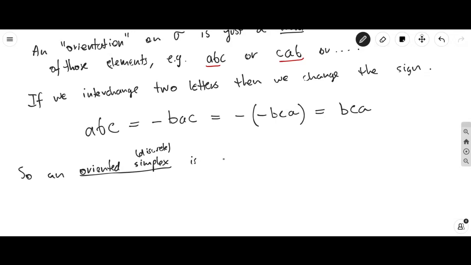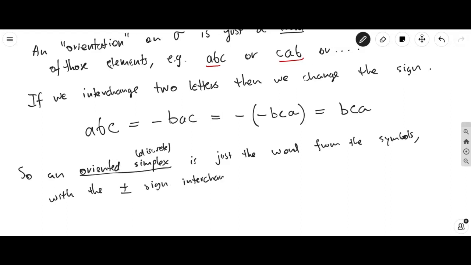So an oriented discrete simplex is just the word from the symbols with the plus-minus sign interchanging rule. So you write down the letters, and the rule on those letters is that if you were to swap them around, you just keep on changing the signs.